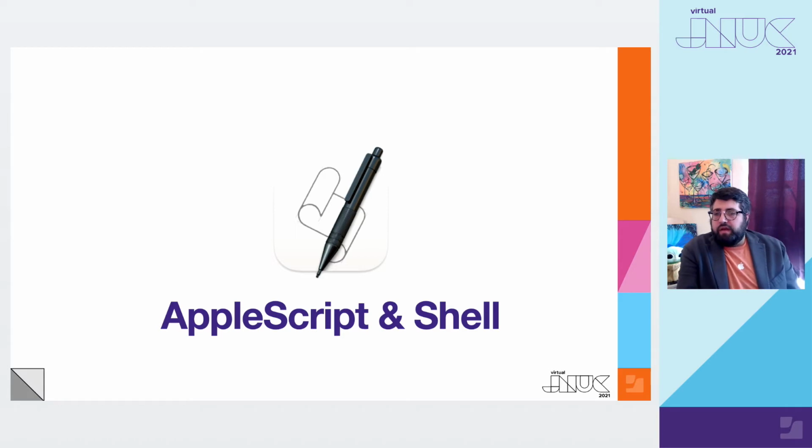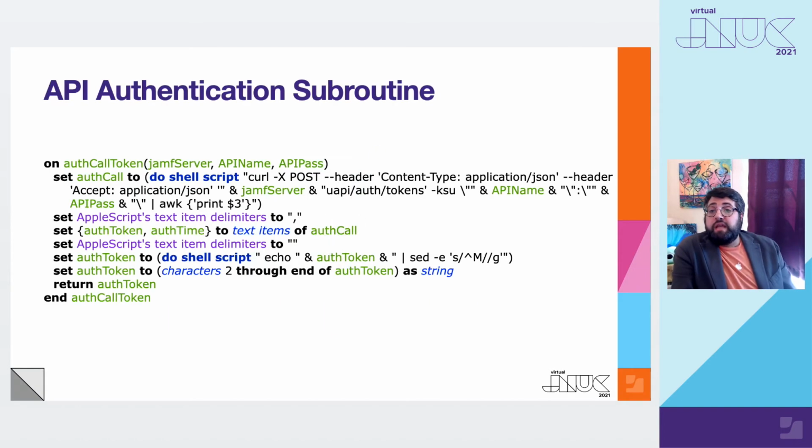So to start with, let's start at the beginning. The first thing you have to do if you're talking to any API, especially Jamf, is authentication. The way the Jamf API works is you first pass it the credentials, the name and password, and you get an authorization token that you can use throughout the course of your script, as long as it's a fairly short time frame.